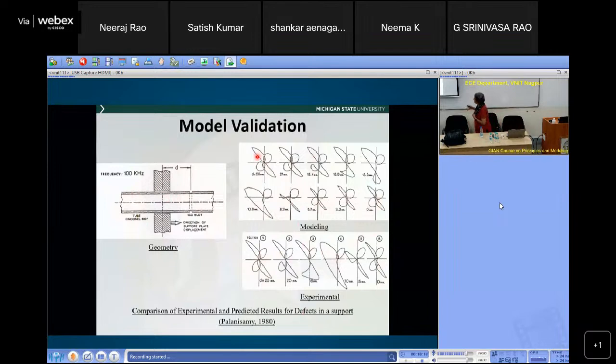This is D is 25, this is 26. So you should compare for validation. This is 20 and 21. Let's look at another one. This is 5.7, and this is 5. And this is 0 and 0. So you can see that this is the defect signal, and this big one is the signal from the support structure. So this is just an example of validation.